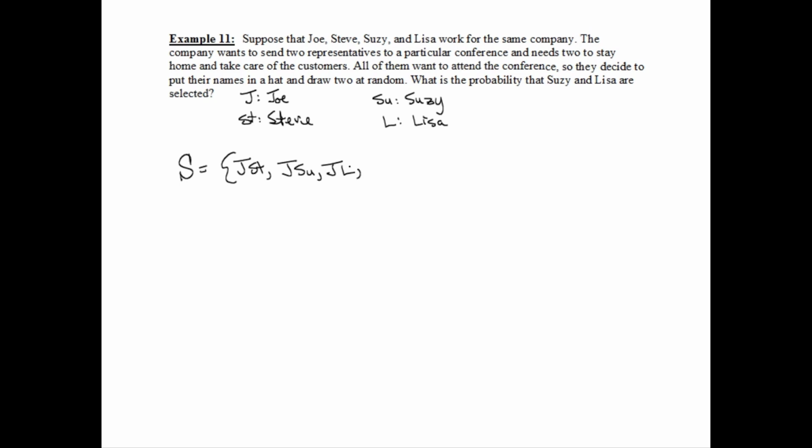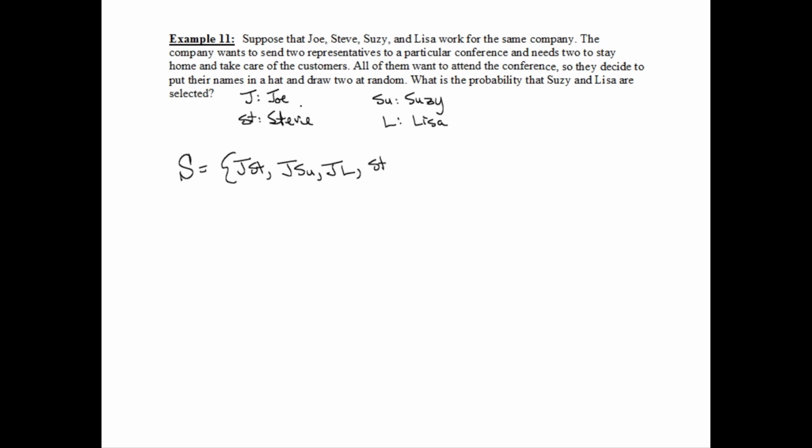Okay, now what about changing the orders? If I change the order and do Joe Lisa, would we call that a different outcome, or would we call that the same outcome? We call that the same outcome, right? In other words, here we don't care about the order. We don't have first place, second place, like with the dice. Okay, so these are different possibilities. So that's putting Joe with everybody. Let's move on. Let's do Steve.